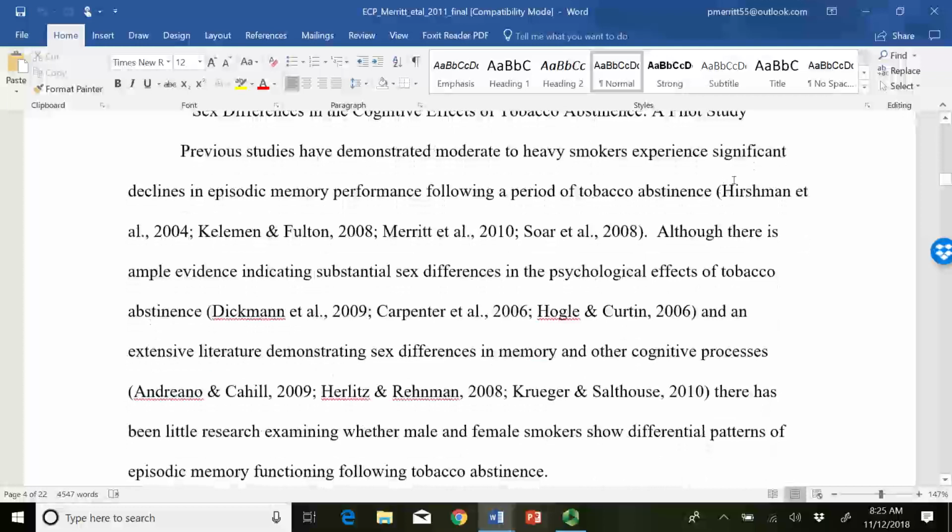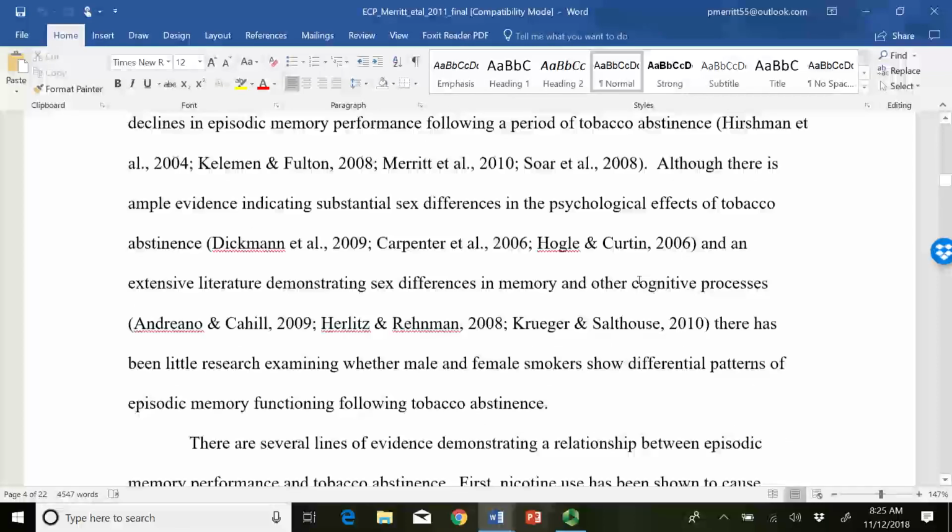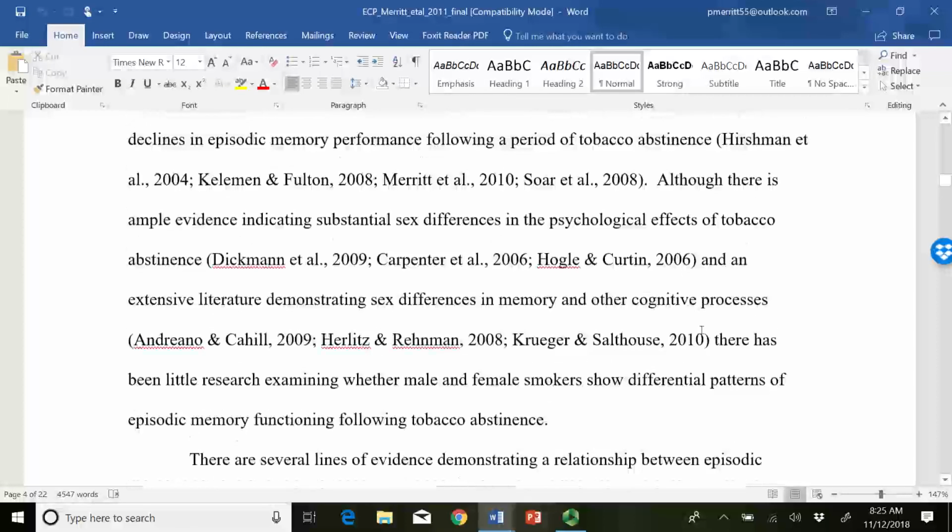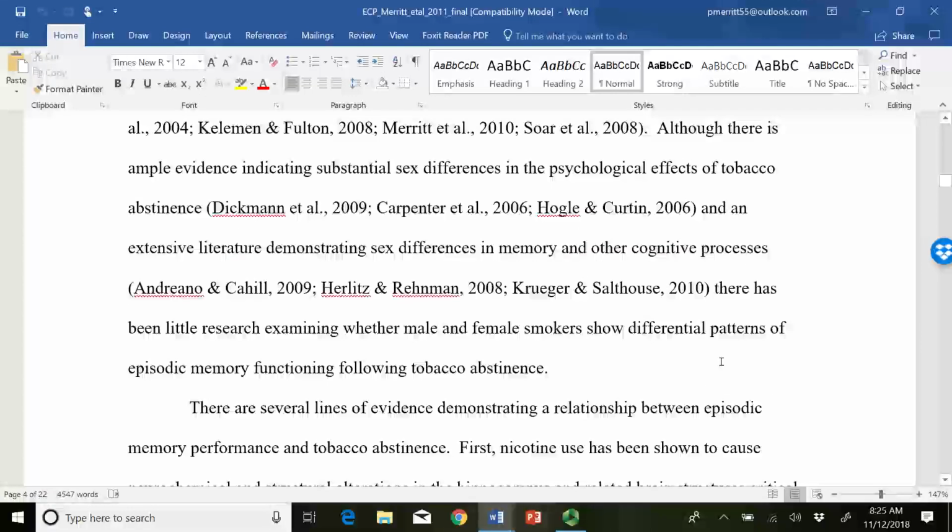So we start with declines in episodic memory performance, sex differences and the psychological effects of tobacco abstinence, extensive literature demonstrating sex differences in memory and other cognitive processes. And then finally, and this is usually in that introductory section, we point out the hole in the research, in this very first paragraph, that this particular research study is intending to fill.